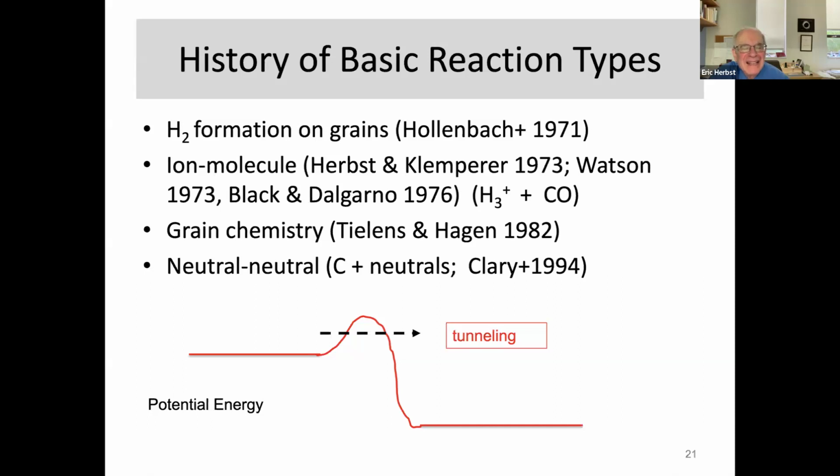And then in the gas phase, one has reactions between ions and neutral molecules. One can indeed also have chemistry on the surface of grains, and one can have what are called neutral reactions, two neutral species, not an ion and a neutral species, seen in the gas phase.